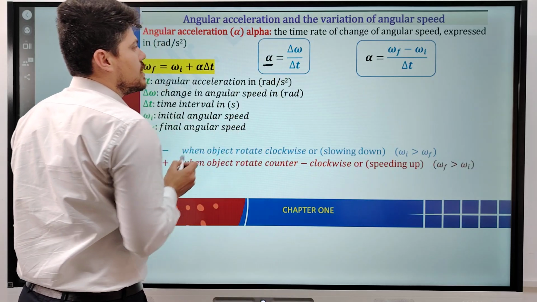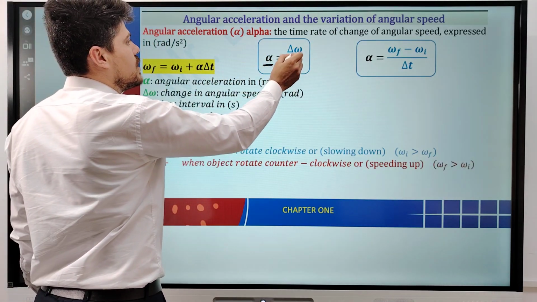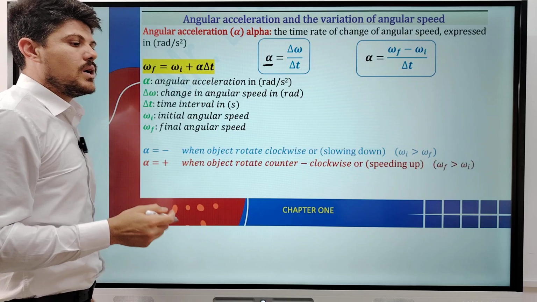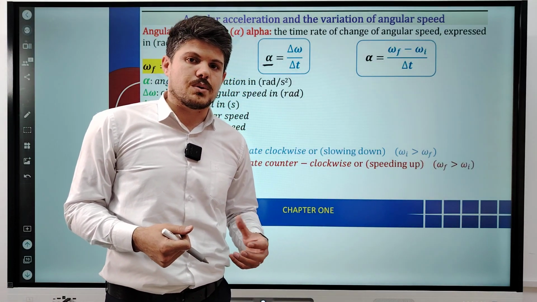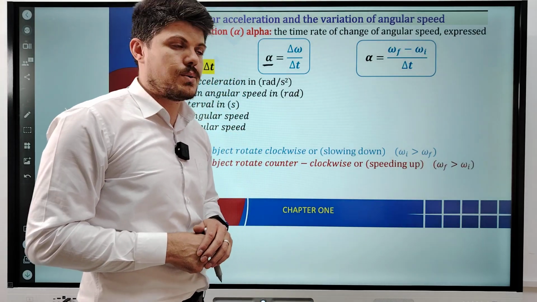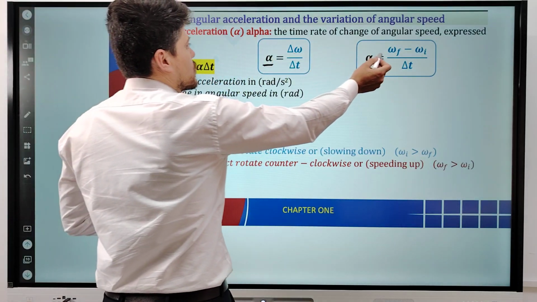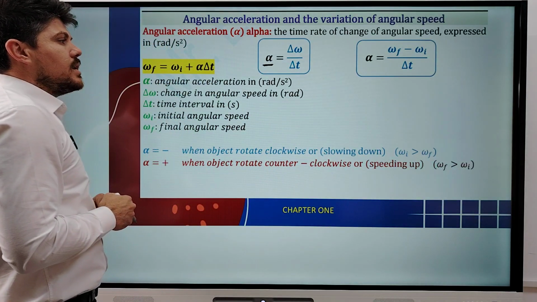This is alpha, which is equal to what? Time rate of delta omega. What do we mean by delta omega? It means the variation of the angular speed, or the change of angular speed, which is equal to omega final minus omega initial.